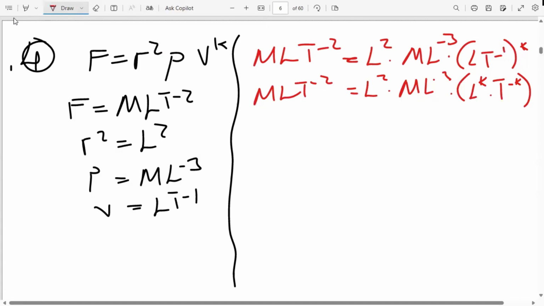We can simplify this further. What are we going to do? We're going to say M L T to the power minus 2 will be equal to, we have L here, L there, and the L in the brackets. We are multiplying these three values of L, which means we're going to add the powers of these values of L. By so doing, what are we going to end up with?